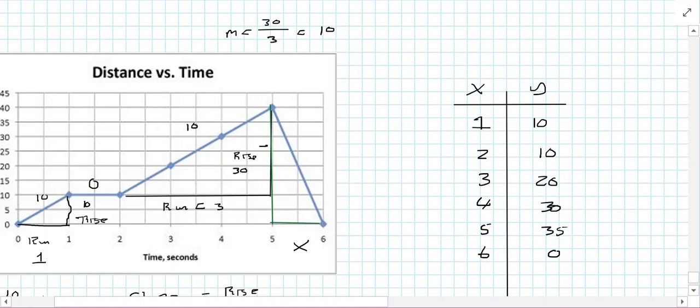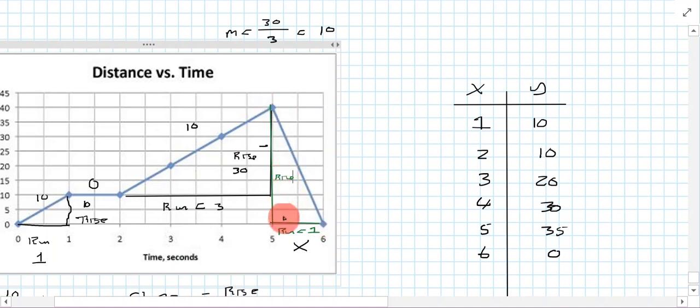So the run is equal to 1. So the difference between 5 and 6 is 1. And then the rise, it's actually decreasing. So it's decreasing down here.